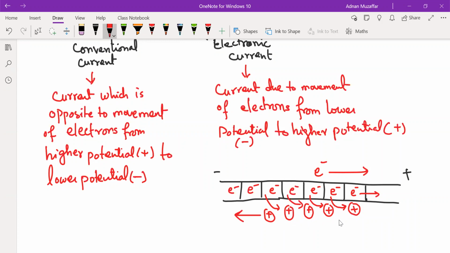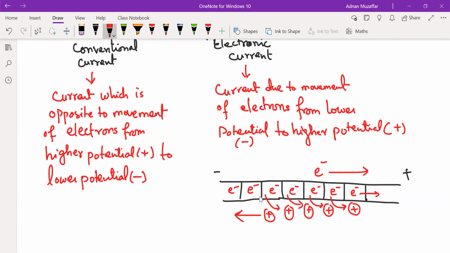I should not say flow of the positive charges. I should say creation of the vacancies, creation of the positive charges, by the way, because in reality positive charges do not move, only electrons move. And due to the displacement or movement of electrons, some vacancies are created. And those vacancies are always filled by other electrons.